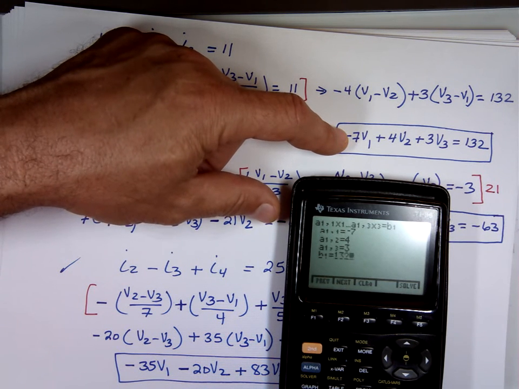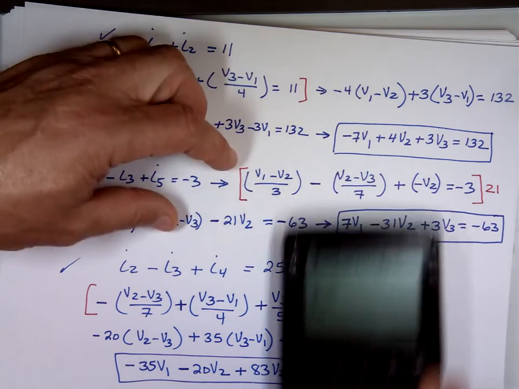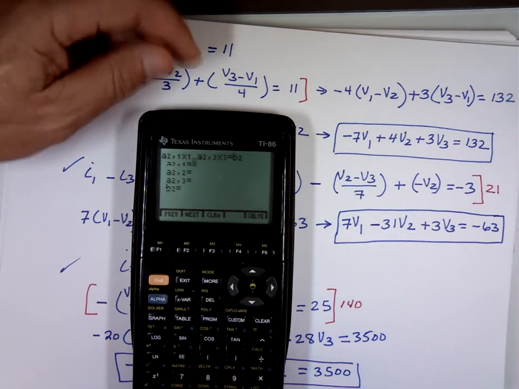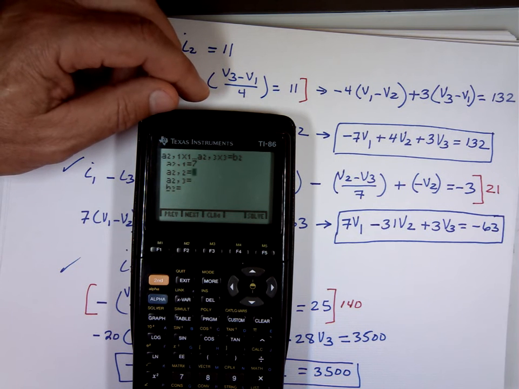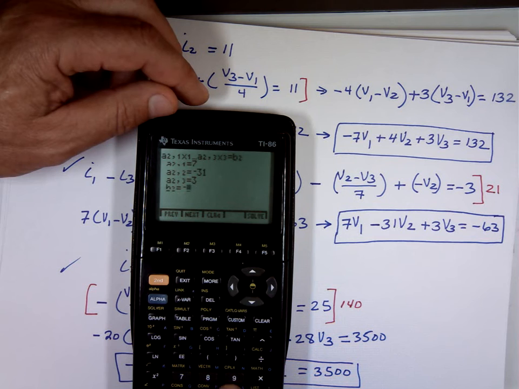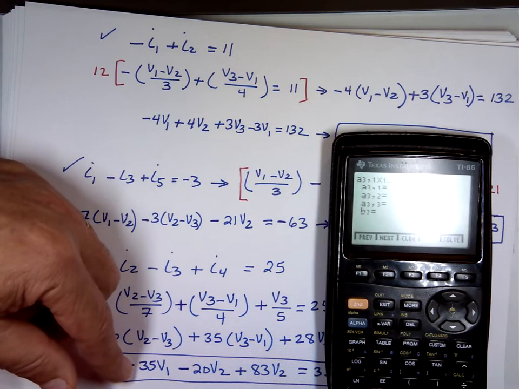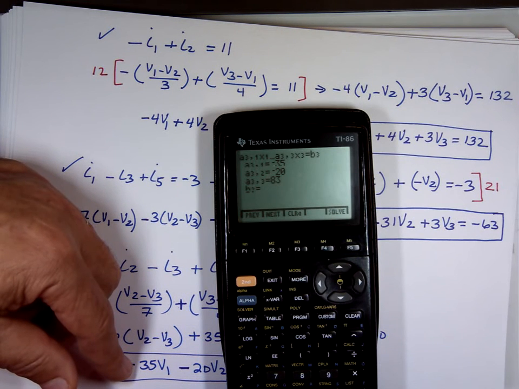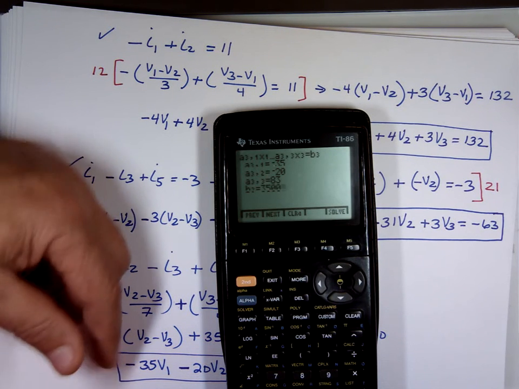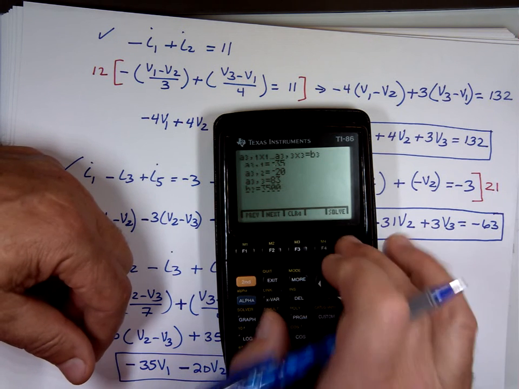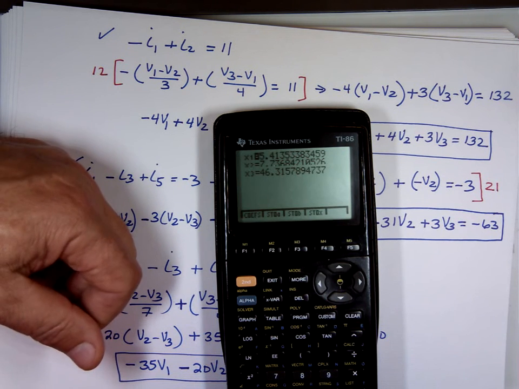Next one. 7, negative 31, 3, negative 63. And the last one, negative 35, negative 20, 83, and 3,500. And I just hit solve. And there's every one of them.